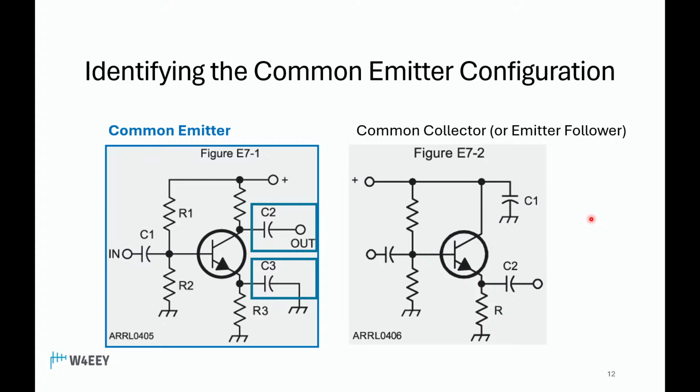Identifying the common emitter configuration. Here it is, and the little spoiler alert that I gave you. If you can remember when you get to the pool question that the diagram has two capacitors that both go in this direction, one off the collector, one off the emitter, you can instantly identify that as the common emitter by the way that they've drawn it here.